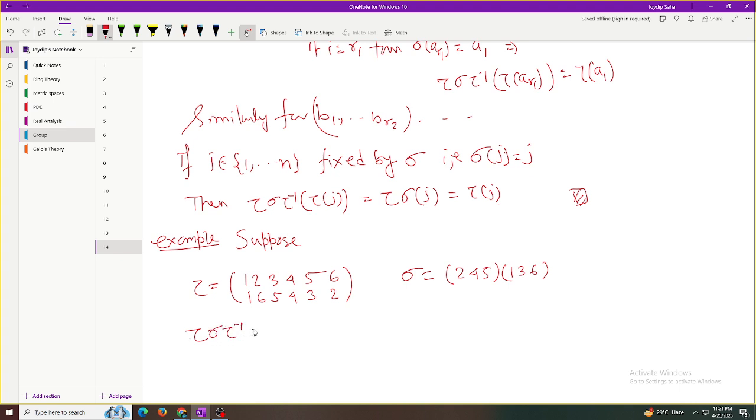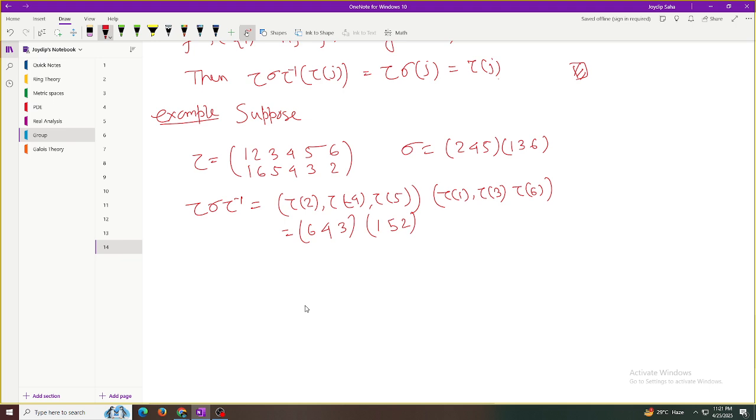It equals (tau 2 tau 4 tau 5)(tau 1 tau 3 tau 6). Now what is tau 2? Tau 2 is 6, tau 4 is your 4, tau 5 is your 3, and what is tau 1? 1, tau 3 is your 5, tau 6 is your 2. So this is your calculation.